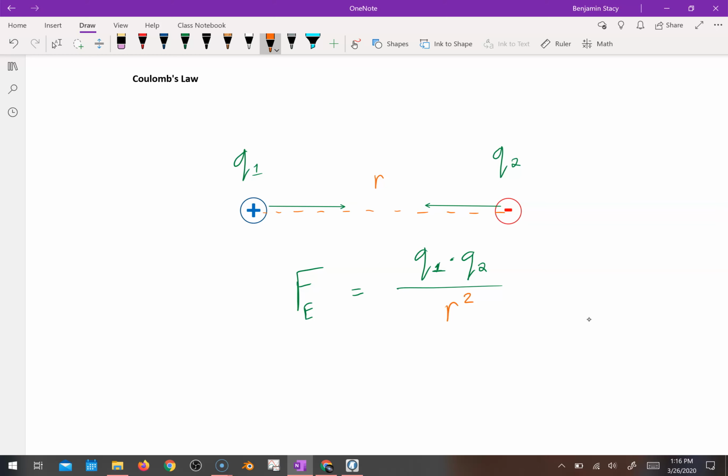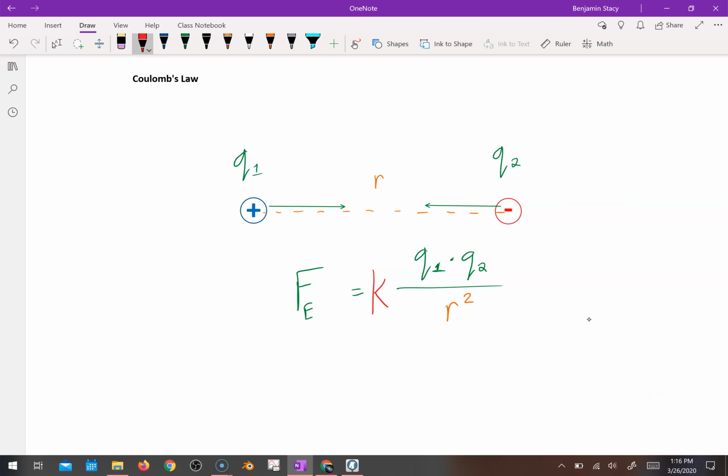Just like our universal gravitation equation, we do have a constant, which we will symbolize with the letter k, that goes in front of our fraction, and this is a constant that is determined experimentally. It's the ratio between the electrostatic force and the product of the charges up top divided by their radial distance squared.